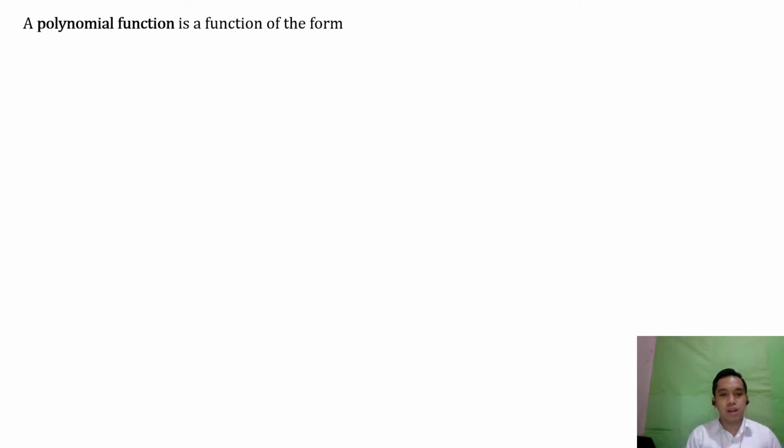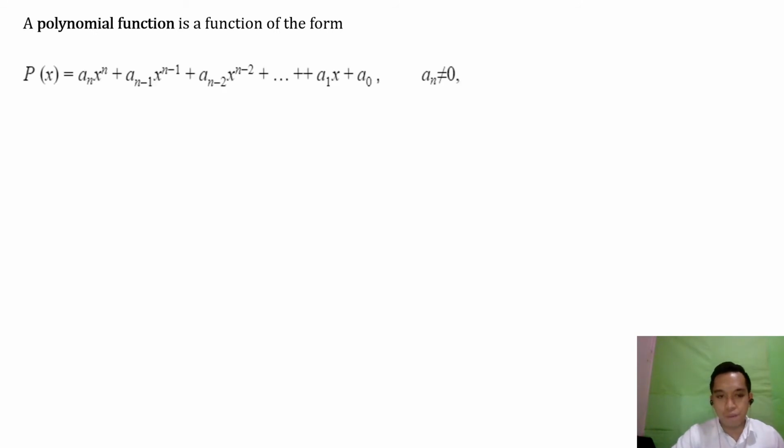A polynomial function is a function of the form p of x equals a sub n times x raised to n plus a sub n minus 1 times x raised to n minus 1 plus a sub n minus 2 times x raised to n minus 2 plus, and so on, plus a sub 1 times x plus a sub 0, wherein a sub n is not equal to 0.